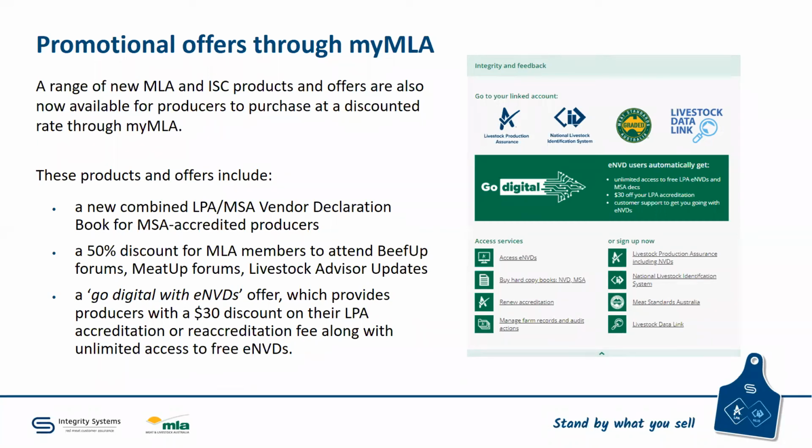There's also a 50% discount for MLA members to attend things like BEEF UP forums, Meetup forums, or livestock advisor updates. The other discount promoted on the myMLA homepage is the Go Digital with eNVDs offer, which provides you with a $30 discount on your LPA accreditation or reaccreditation fee when you choose to use eNVDs as part of your LPA accreditation.